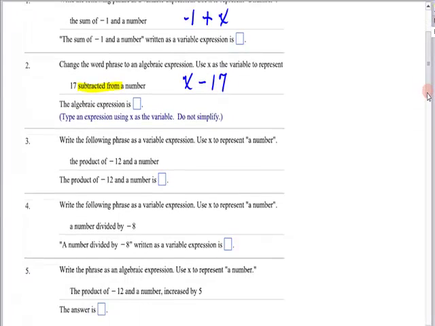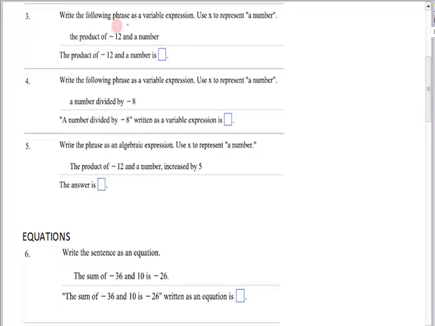Number 3, the product of -12 and a number. Product means multiply. -12 times a mystery number. This would be written as -12x, because when we multiply a coefficient times a variable, we don't use the multiplication dot. It's implied. Next one, a number divided by -8. Now there's a couple of ways you could write this.